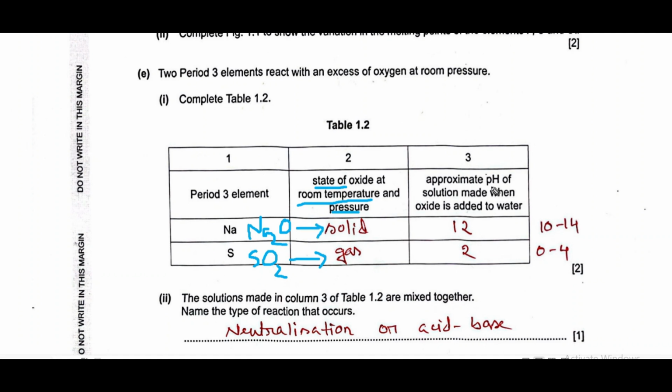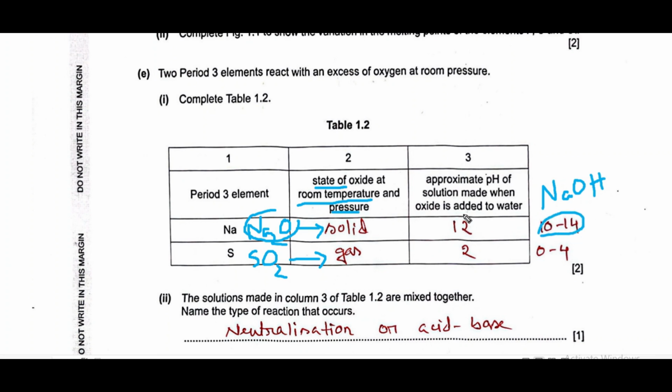Now the approximate pH of the solution made when the oxide is added to water. Sodium oxide reacts with water to produce sodium hydroxide. This is a strong alkali, so the pH will be 10 to 14.